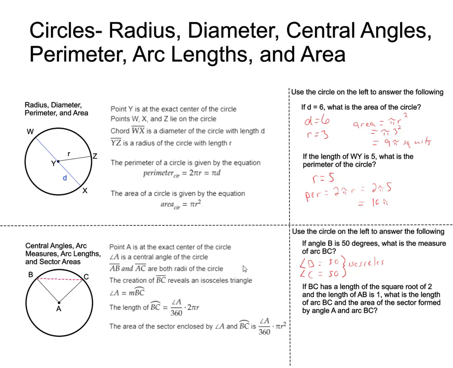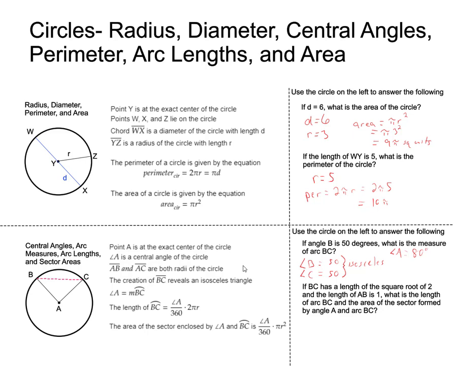Since we have both of those angles, we should also be able to figure out that angle A is then 80 degrees. That's because the 3 angles of a triangle have to sum to equal 180 degrees.